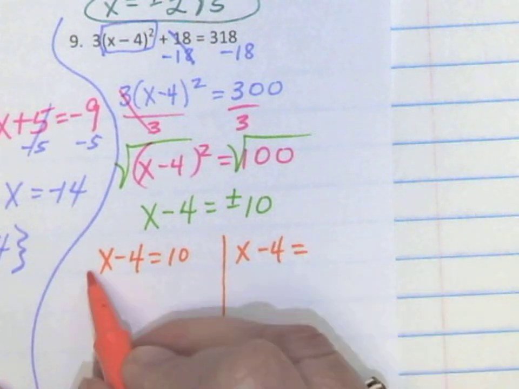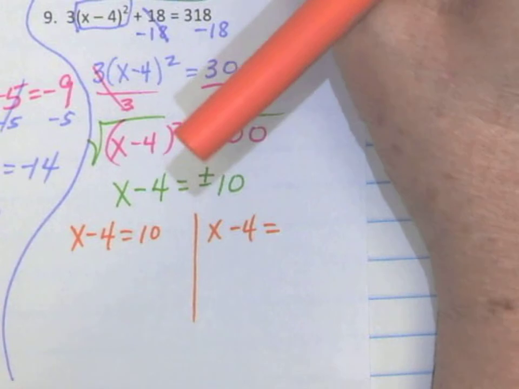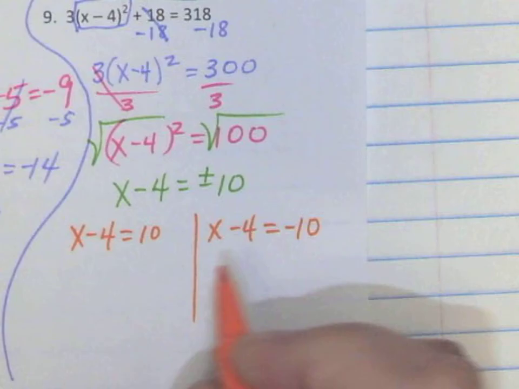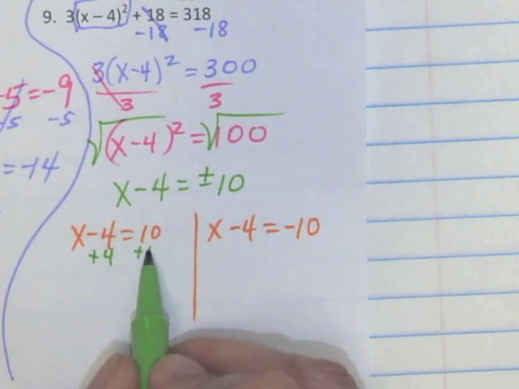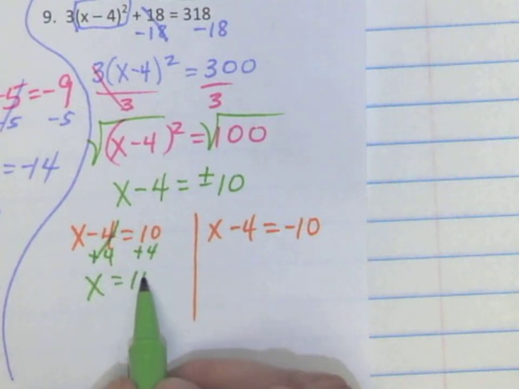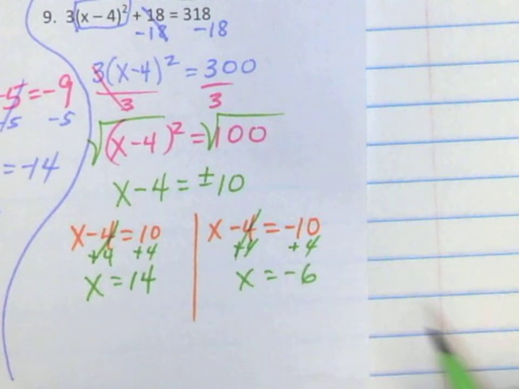So I'm going to do two equations. X minus 4 is positive 10. X minus 4 is negative 10. When I add the 4, x is 14 or negative 6.